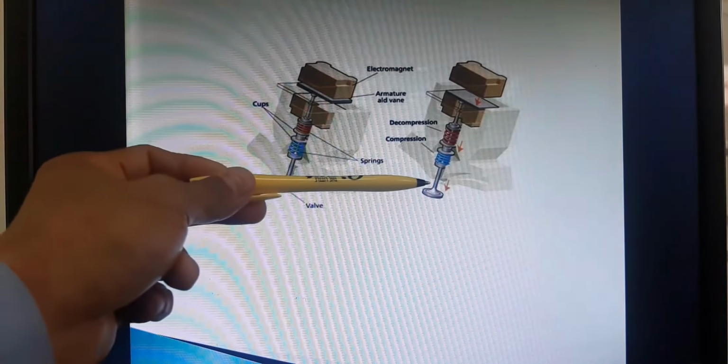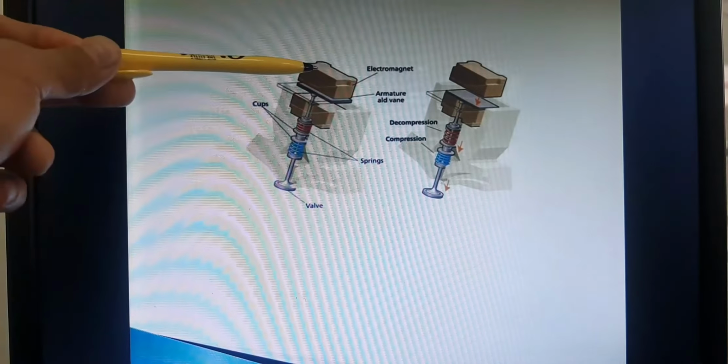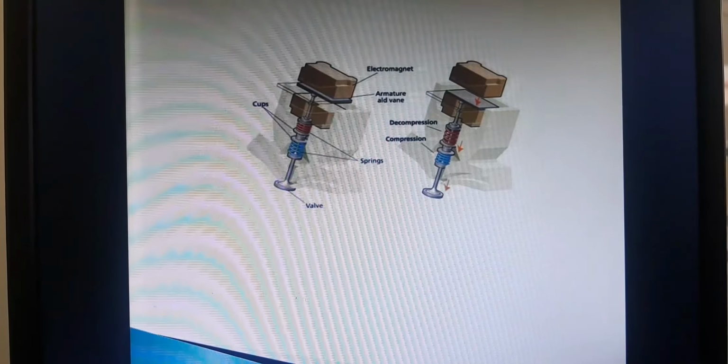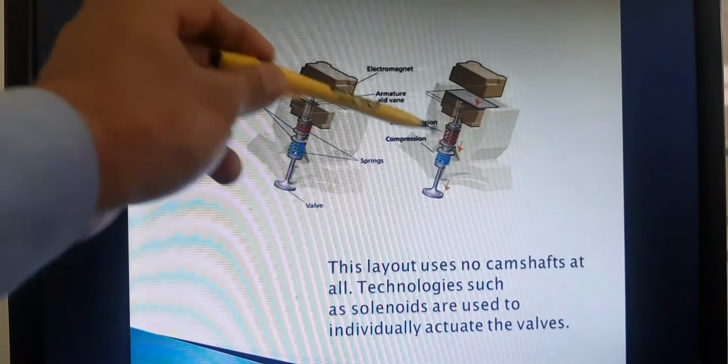The valve opened because of this device, which has an electromagnet and an armature. This layout uses no camshafts at all. Technologies such as solenoids are used to individually actuate the valves. So these are just like solenoids.